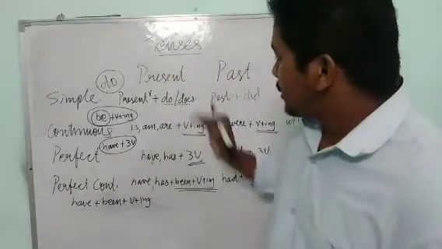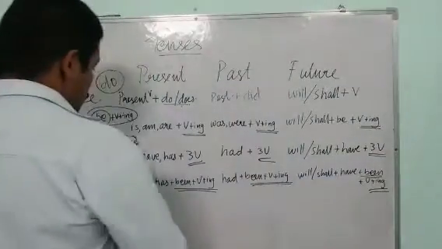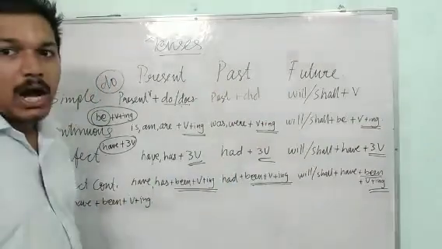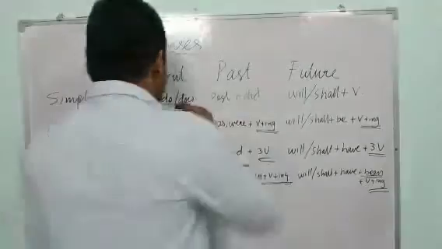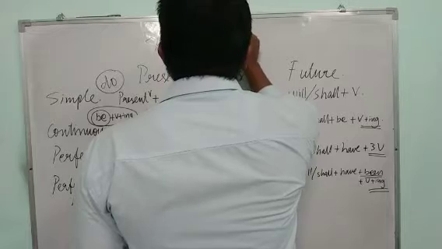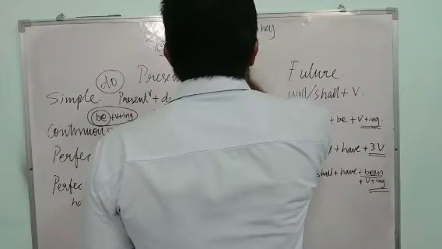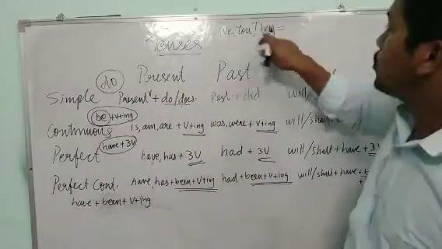And one more tip I can tell you is to understand whether do or does, is or are, was or were, or have or has can be used. Okay. So we can say that when the subject is like we, you, they, all these are plural.